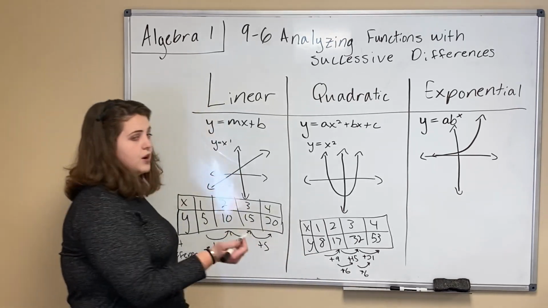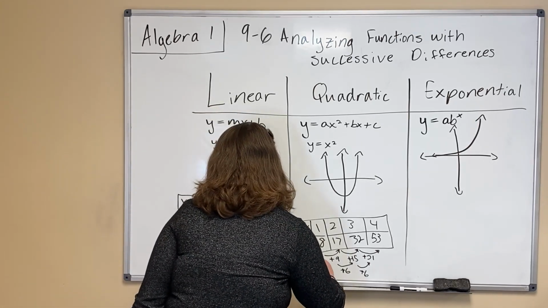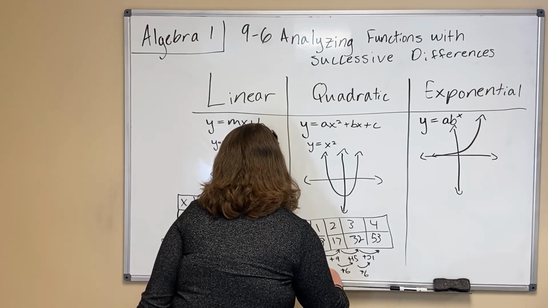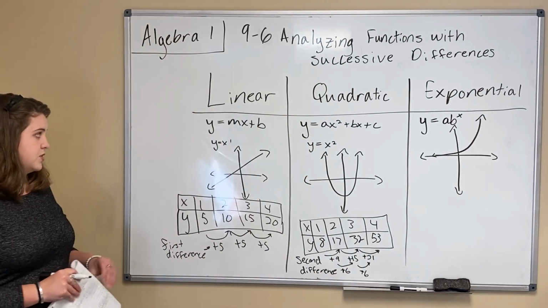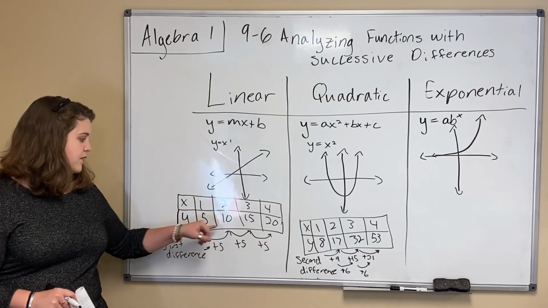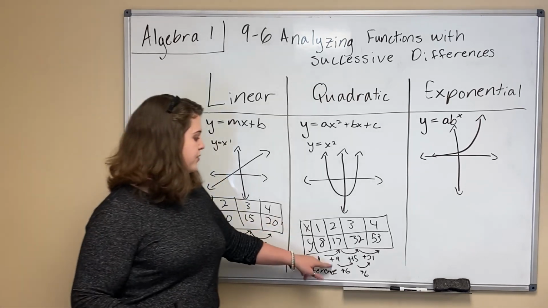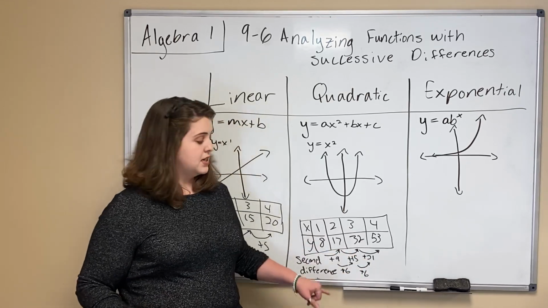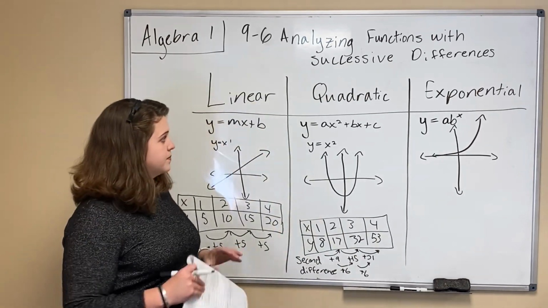So this is a quadratic function. It's the second difference. So with a linear function, it's the first difference of the y values. In a quadratic function, we take our difference, and then we take a second difference between those numbers. And if that's a constant rate of change, then it is a quadratic function.